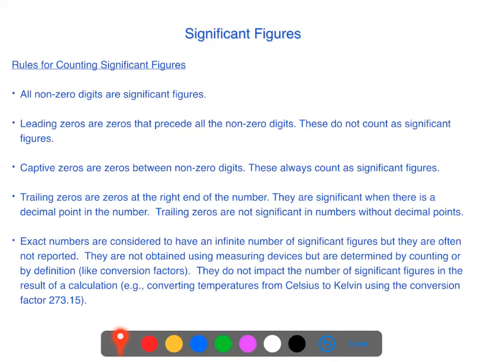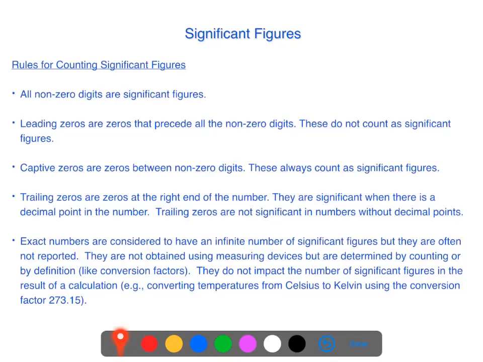And lastly, exact numbers are considered to have an infinite number of significant figures, but they are often not reported. They are not obtained using measuring devices, but are determined by counting or by definition, like conversion factors. They do not impact the number of significant figures in the result of a calculation.